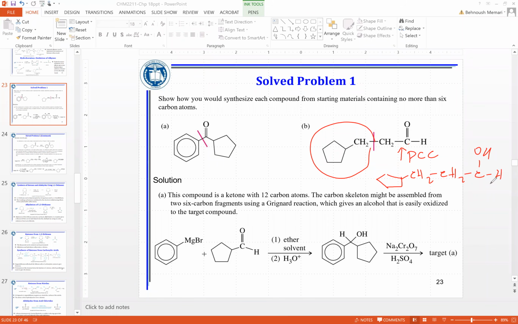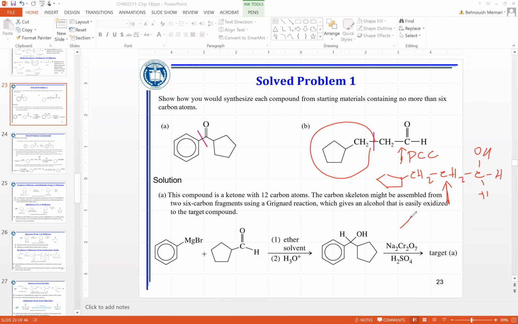So you have primary alcohol, and then from primary alcohol you add PCC to go to aldehyde. But we first need to make this primary alcohol. What are the 2 reactants that can give us this primary alcohol?